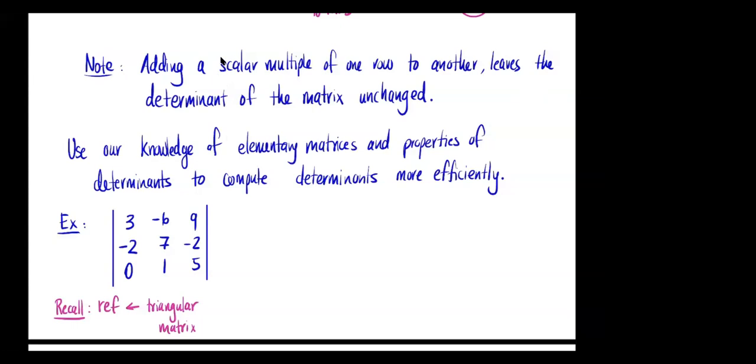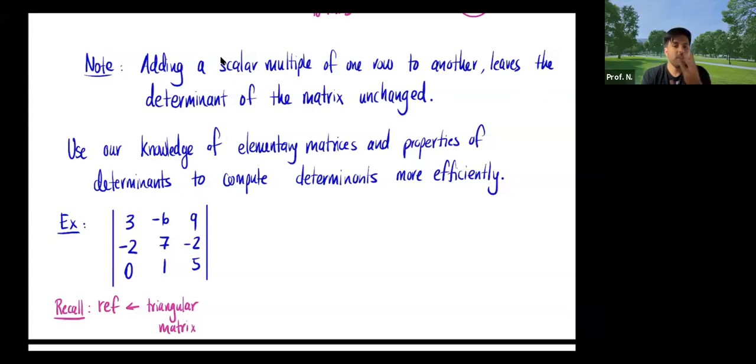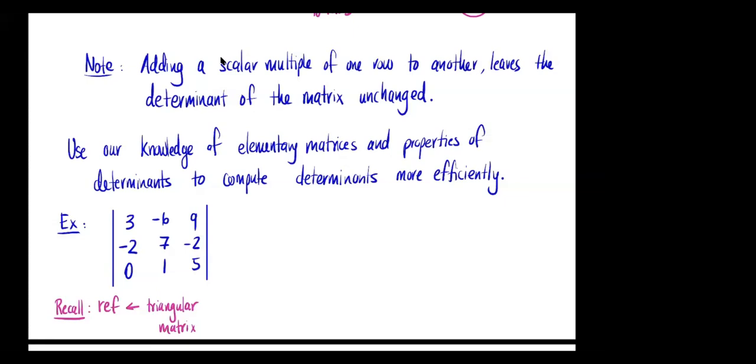Elementary matrices. Right. And there's only 3 kinds. So what happens for every single row operation? When you swap the rows, you take that negative sign. When you multiply a row by a certain scalar, you multiply the determinant by that scalar. Or you add a multiple of a row to another row, which leaves the determinant unchanged.